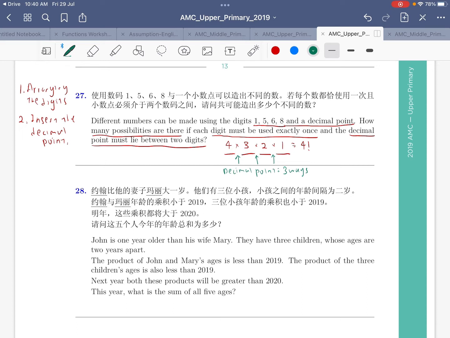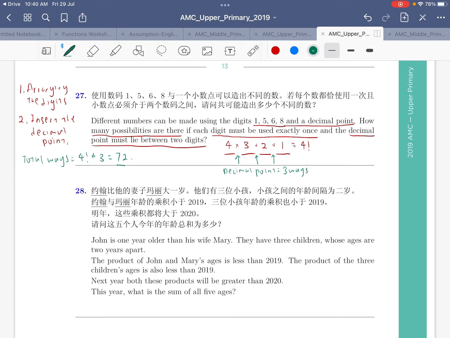So what would be the total number of ways in this case? Well, we are going to take the 4 factorial multiplied by 3. And this one will give us a final answer of 72.